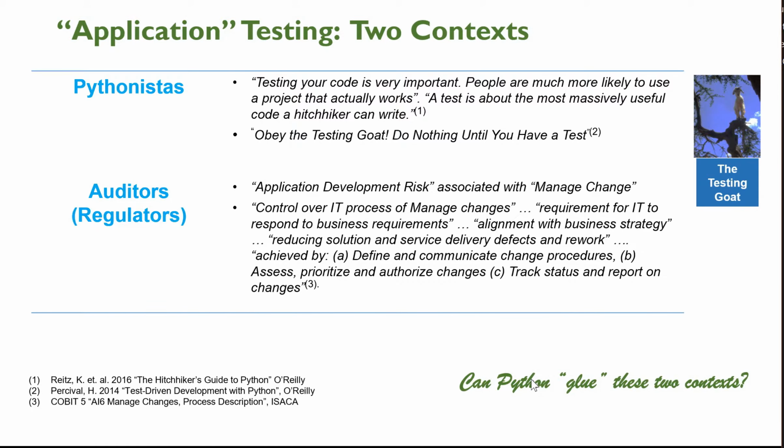Okay, the two contexts. We as Pythonistas, mainly from the development point of view, know very well why we want to test. And I point out to you the two books that I enjoy a lot. One is the Hitchhiker's Guide, and the other one is Test-Driven Development with Python.